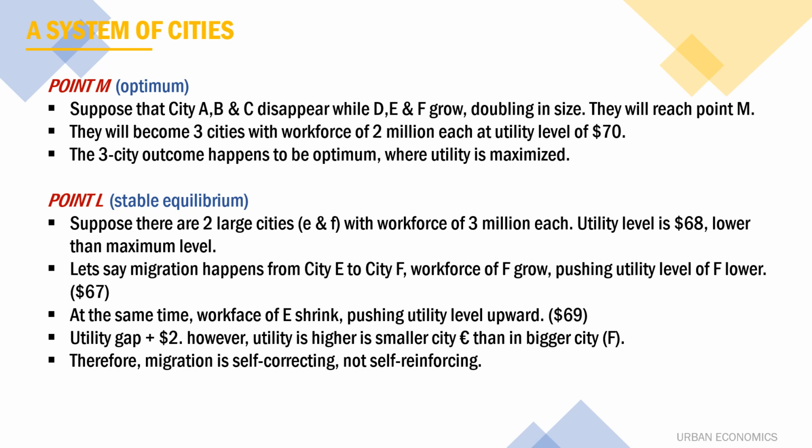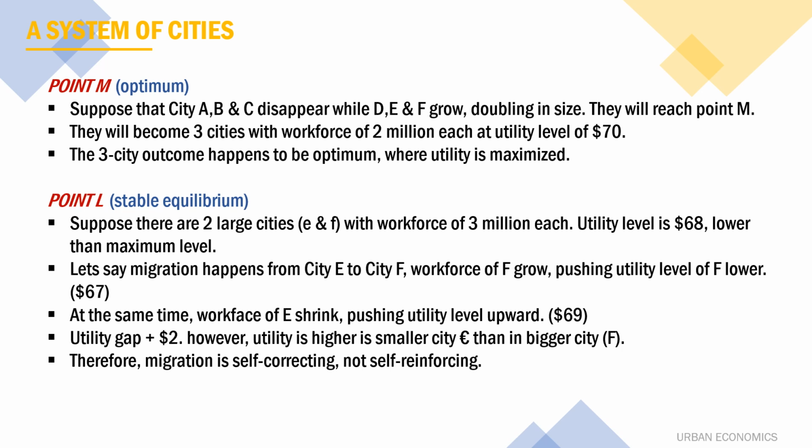At the same time, the workforce of E shrinks, pushing its utility level upwards to $69. We have a utility gap of $2, however this utility is higher in the smaller city, E, than in the bigger city. So the migration is self-correcting, not self-reinforcing.